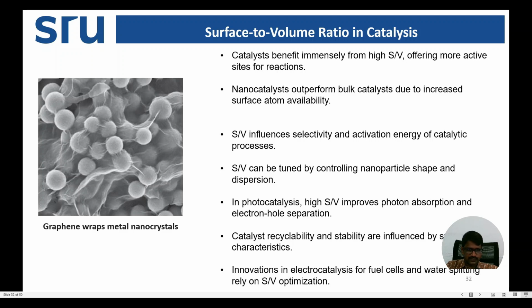Okay, graphene layers. That means it is a nanocomposite with metal nanoparticles, which are zero dimensional, and the graphene layers, which are two dimensional. So it is a 0D and 2D combination nanocomposite. Catalysts benefit immensely from a high surface to volume ratio, offering more active sites for reactions.